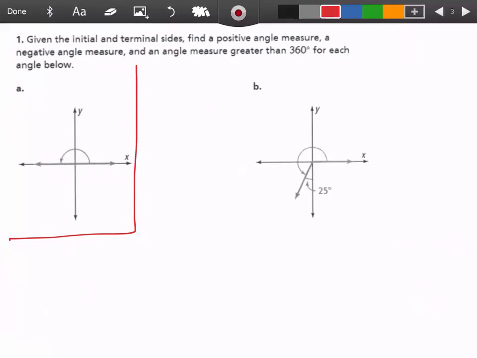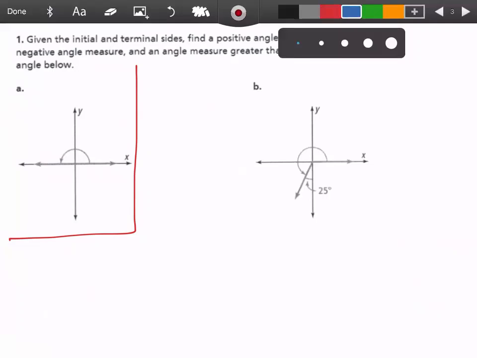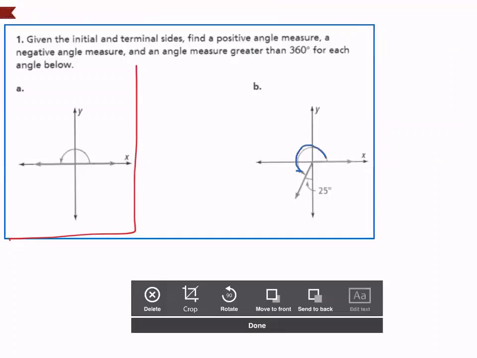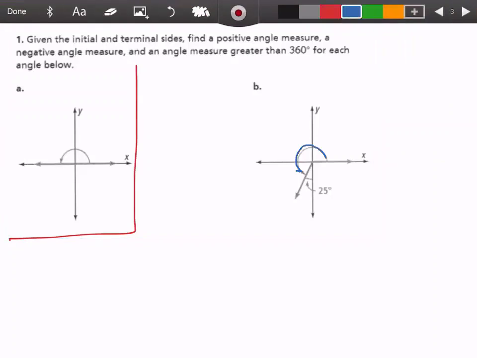So we have to pay attention to where the initial and the terminal side is, and this will always tell you. So since it is starting on the x-axis and then the arrow loops over to the terminal side. And the only thing we have to work with that the book gave us was 25 degrees.